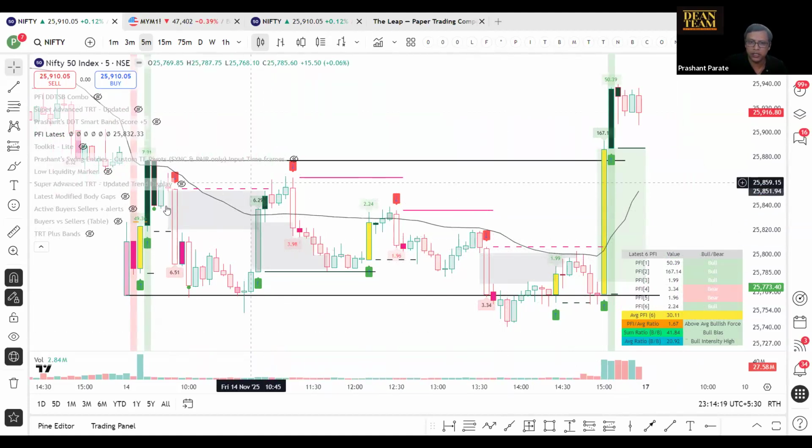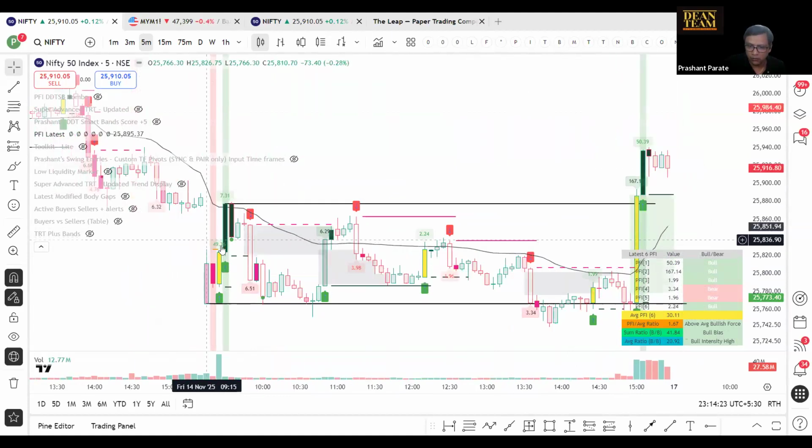We can see larger bullish candles and high PFI numbers on the bullish side. Especially the 49 number here indicates very strong buying, and the very small number of 3.34, which is trying to break below the range, is indicative of lack of selling pressure.